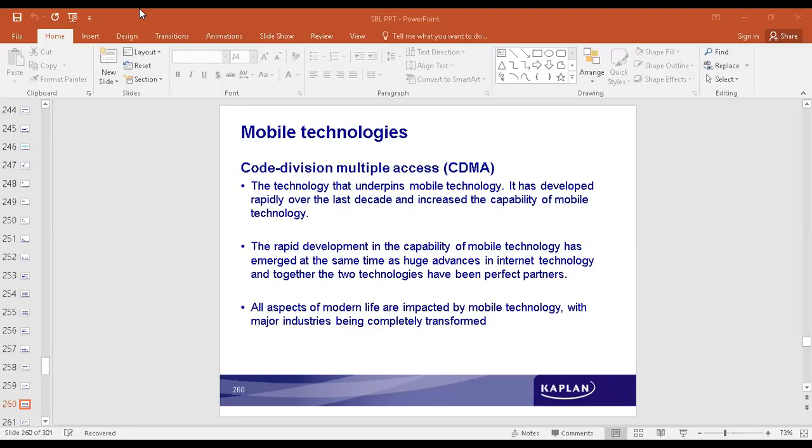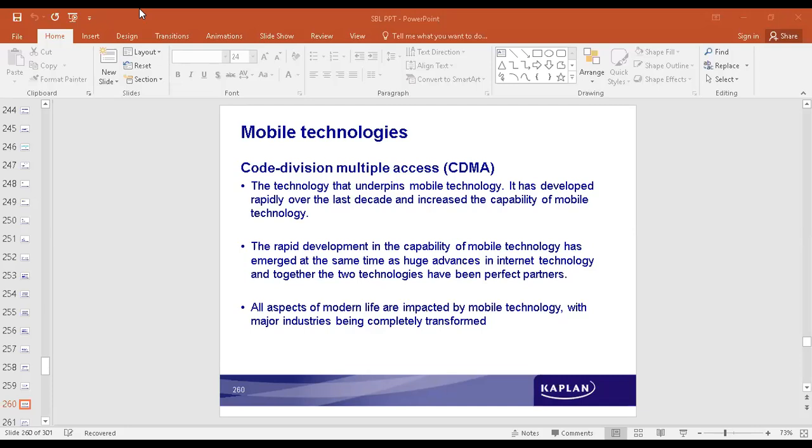Mobile technology has become so advanced that multiple devices are not needed. The entire desktop is now taken over by the mobile.